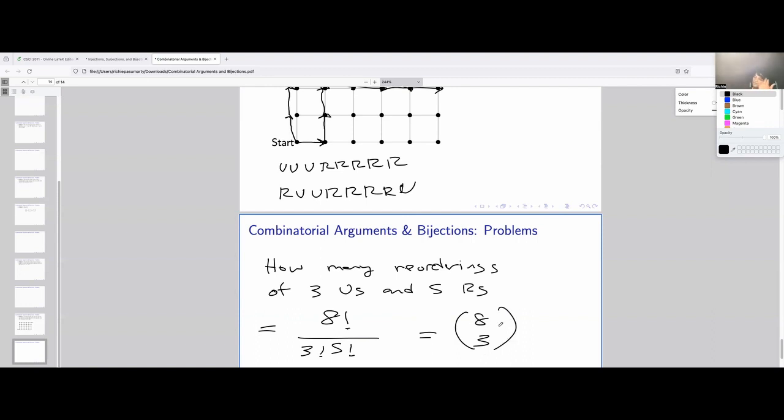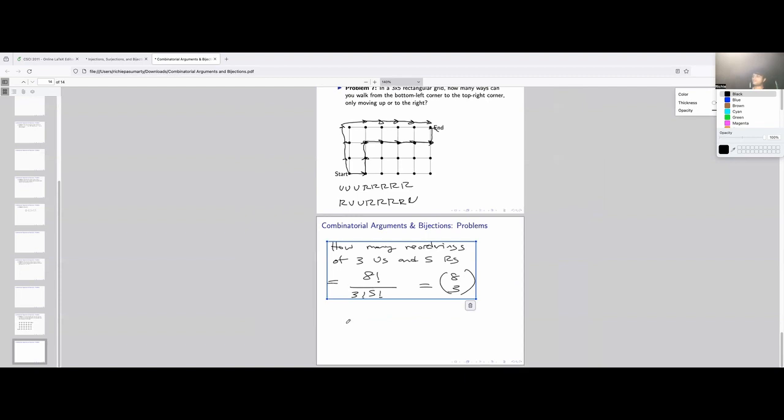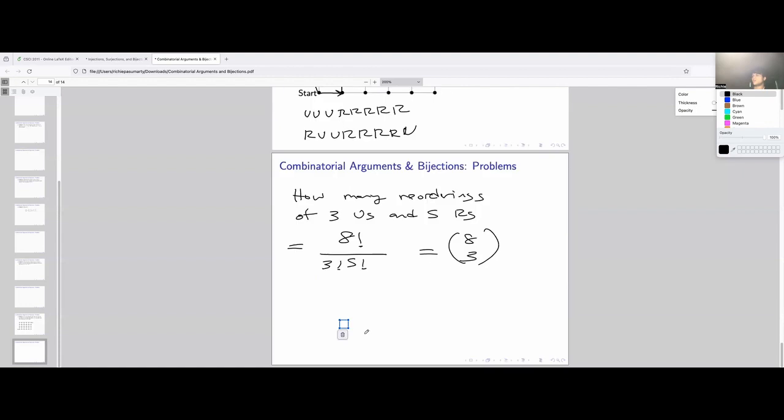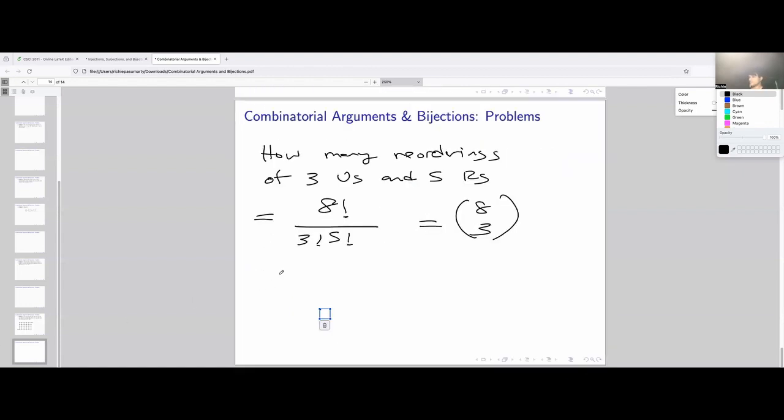Okay, and here I'll explain it. Of course, you can do 8 factorial and divide to account for repeats. But here's another way to think about it. I have 8 different positions, 1, 2, 3, 4, 5, 6, 7, 8.